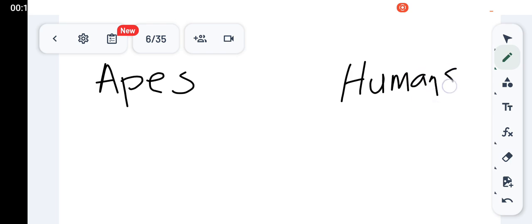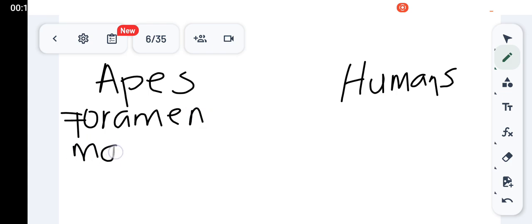So the foramen magnum, which is the opening for the spinal cord, of the African apes is at the back of the skull, right?